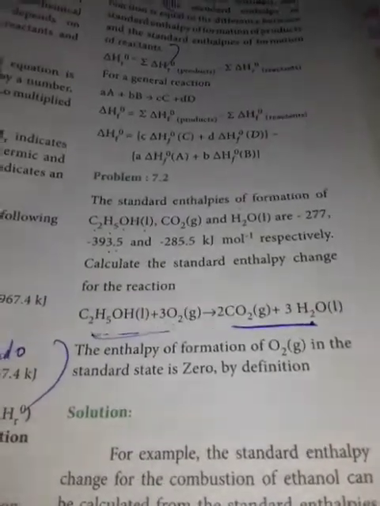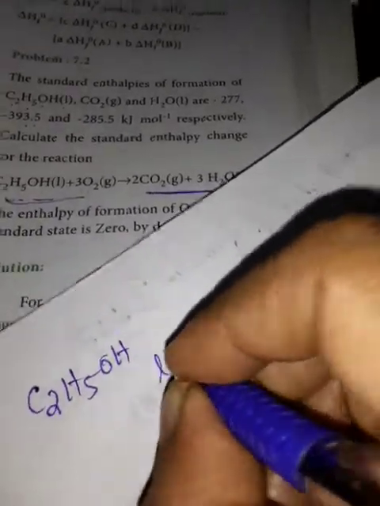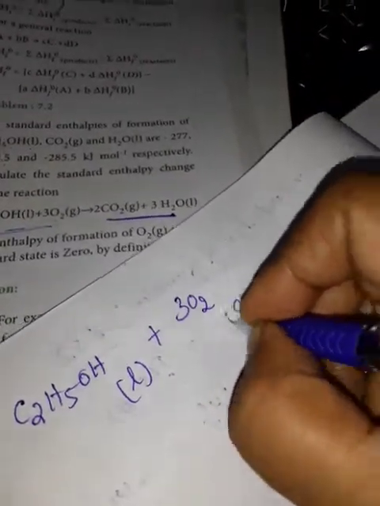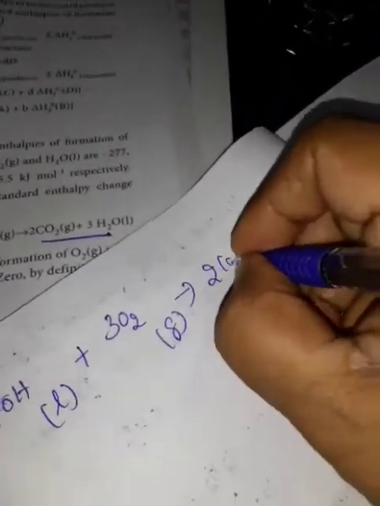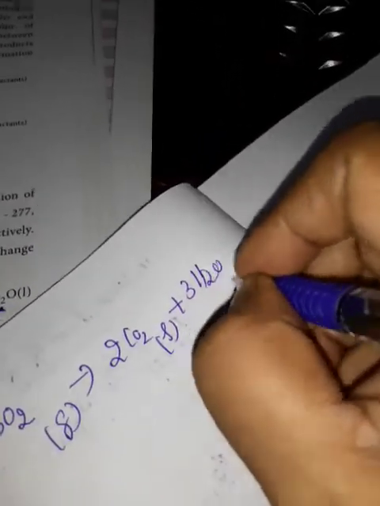Now we are going to work out this problem. I will show how we are working it out. Now we are going to apply the formula. So this is the reaction: C2H5OH liquid plus 3O2 gas giving 2CO2 gas plus 3H2O liquid.